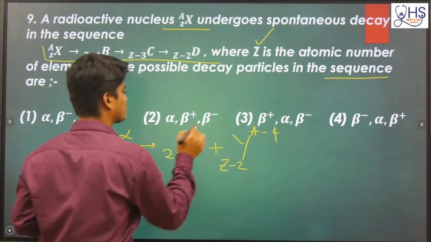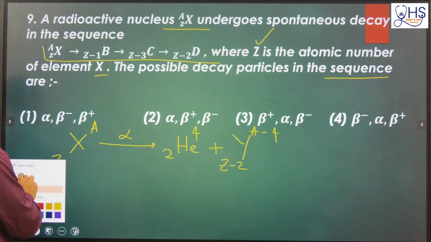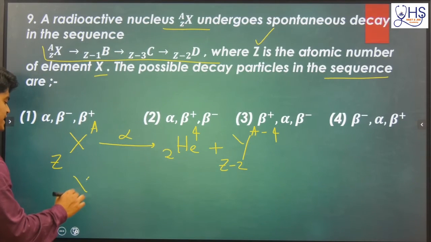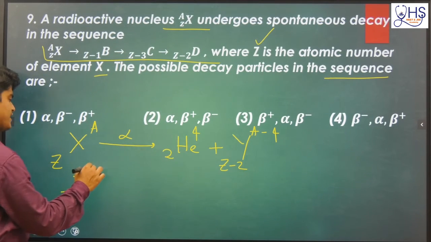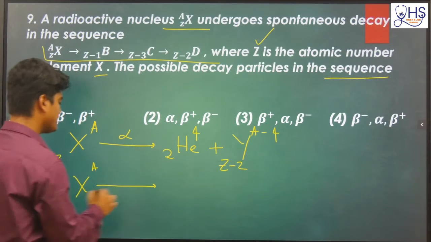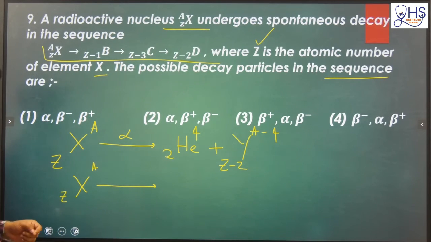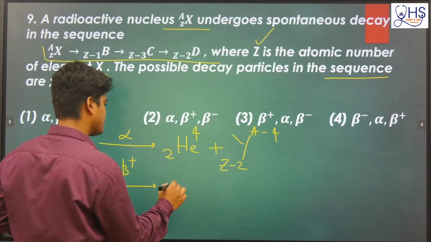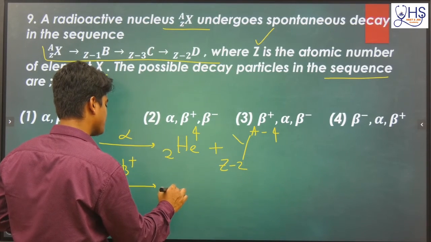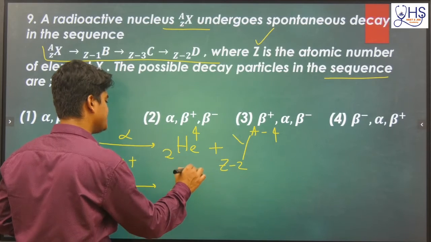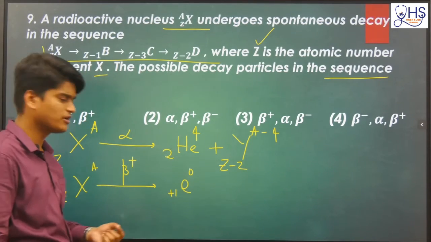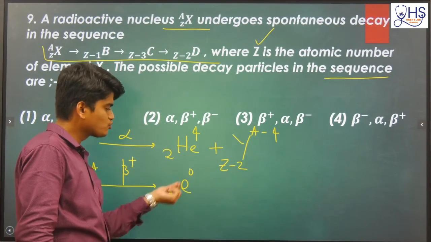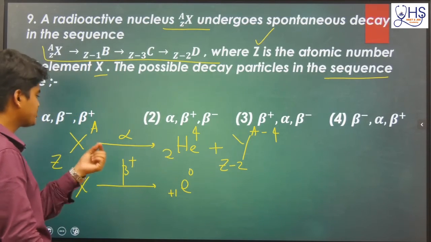Similarly, if I go for beta positive decay, for the same element with atomic number Z and mass number A, beta positive means it is +1 e 0. This beta particle is called a positron. Here the charge is plus 1 and mass is 0, so there will be no change in mass.